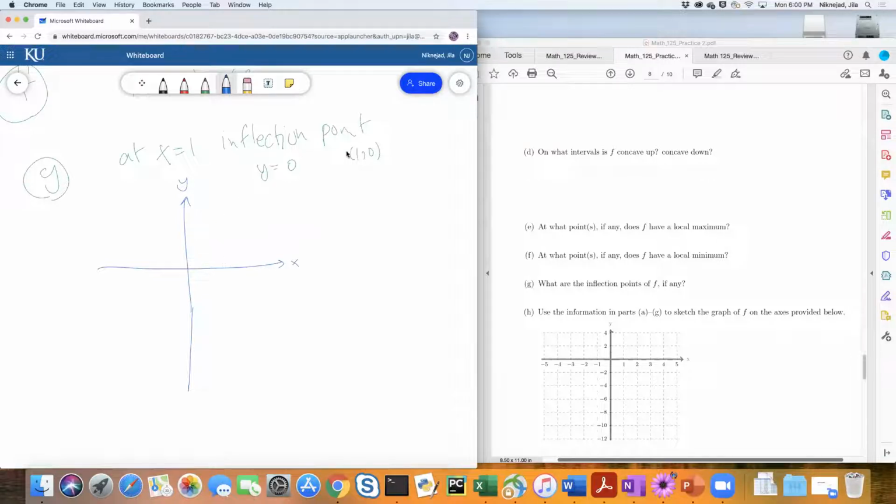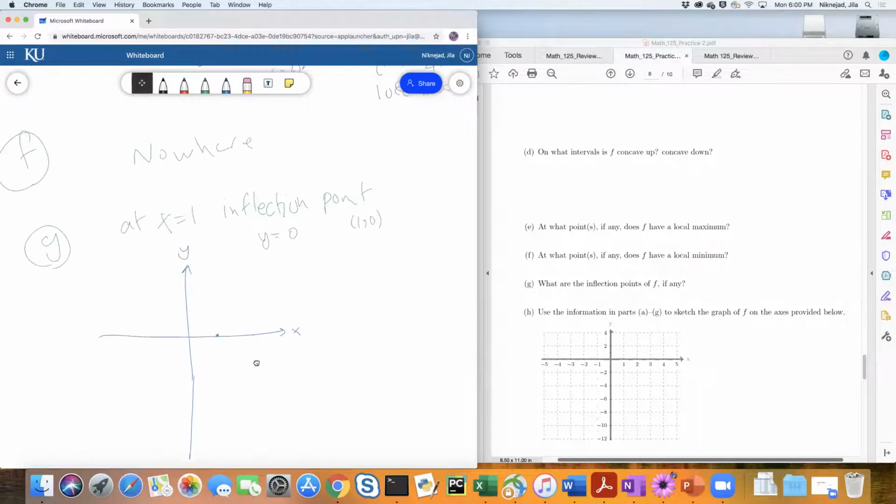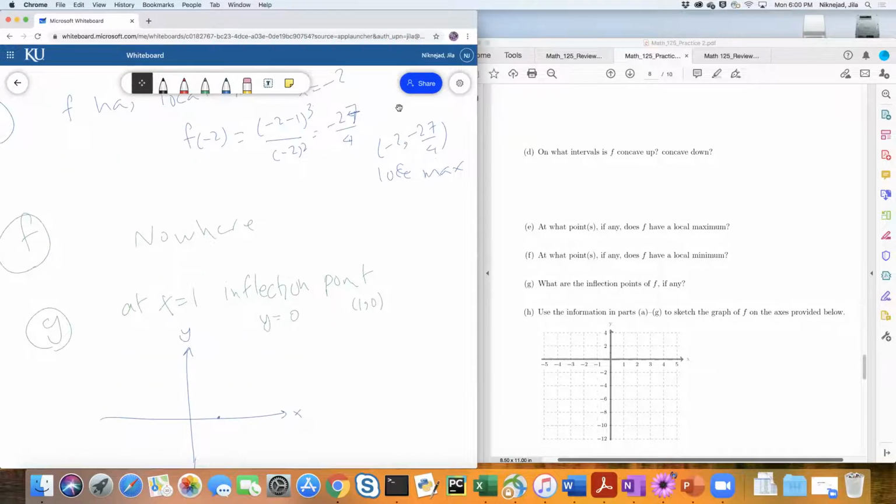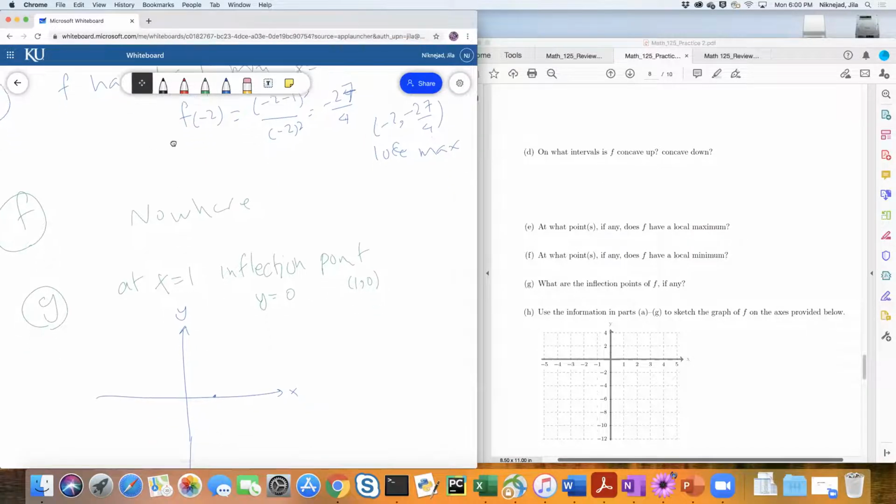So now we have 1 and 0. The other one was -2 and -27/4, the local max, which is about -6.